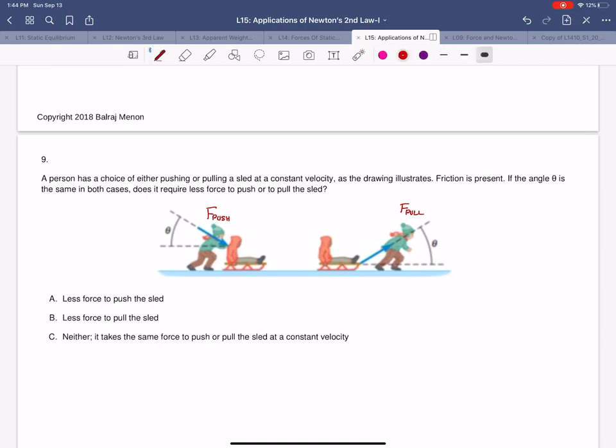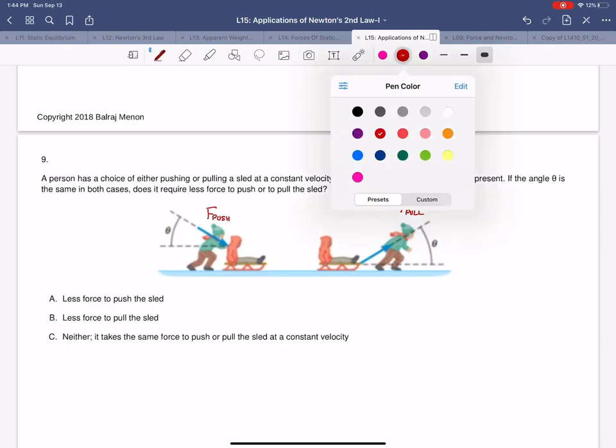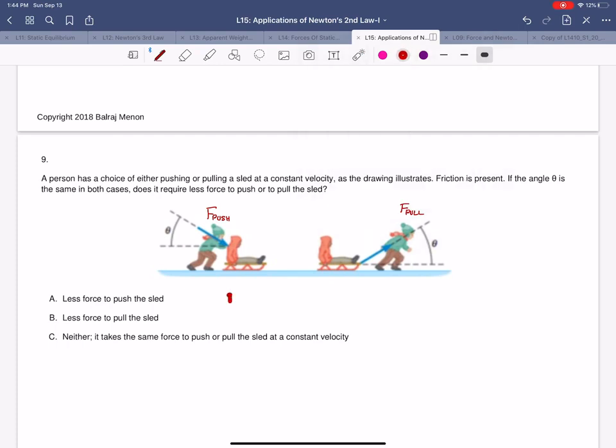So the idea again is a direct consequence of our previous question. If you push down on the sled, then you have a greater frictional force because you have a greater normal force, and because you have a greater frictional force to overcome, you need a greater pushing force.